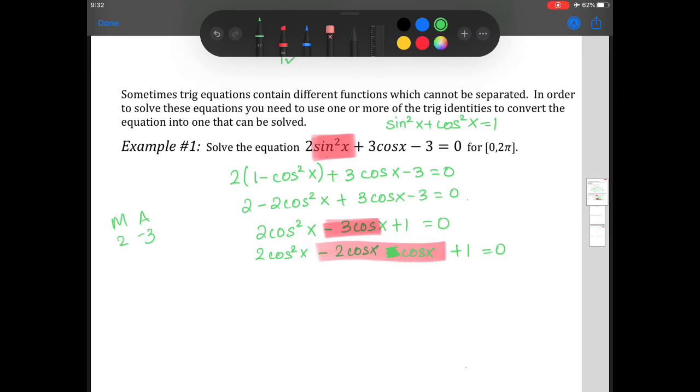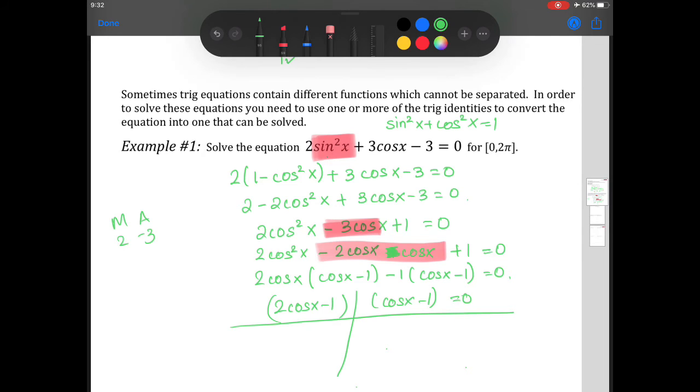So now do the GCF. You're left with 2 cosine x, so you're left with cosine x minus 1, minus 1 cosine x minus 1. So this simplifies to 2 cosine x minus 1 and cosine x minus 1.